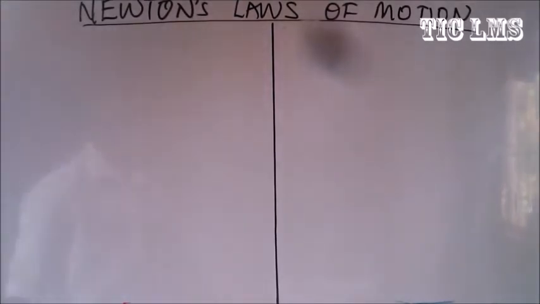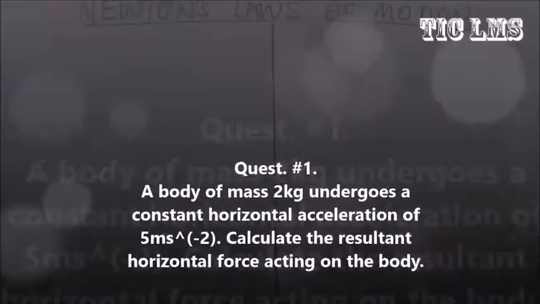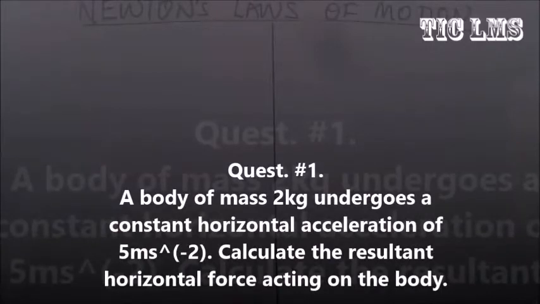First question: a body of mass 2 kg undergoes a constant horizontal acceleration of 5 meters per second squared. Calculate the resultant horizontal force acting on the body. What will be the resultant force on the body when it moves with a uniform velocity of 10 meters per second?